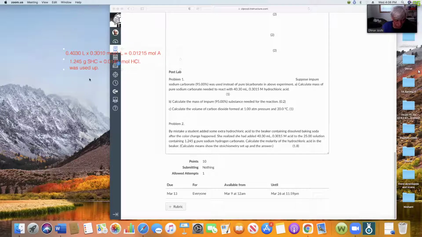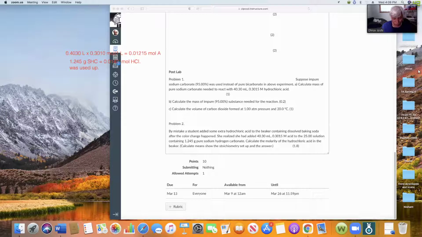1.245 grams divided by, let's see, I'll do the calculation again. Yeah, that's what it is. Okay, tell you what, guys, I'm gonna make this 1.000 gram pure sodium hydrogen carbonate instead of 1.245.